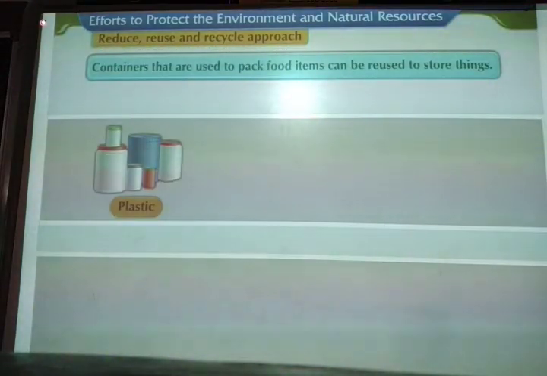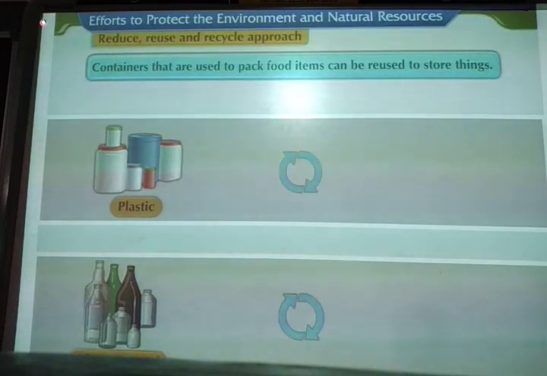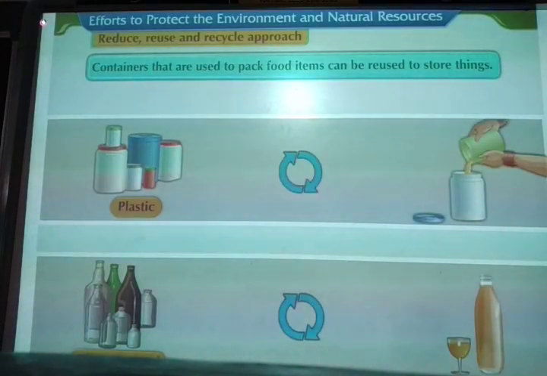Containers made of plastic, glass or metal that are used to pack food items can be reused to store things.